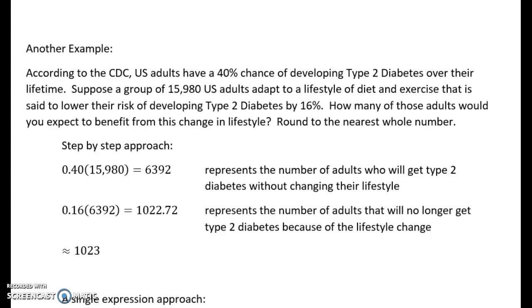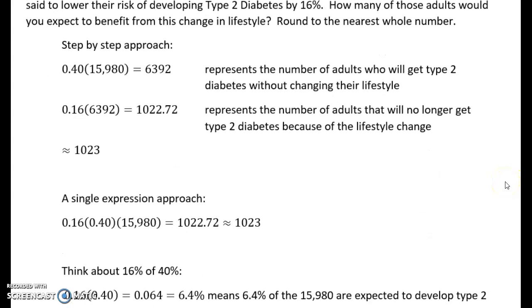So just another way to think about that same question by thinking of it as one expression as opposed to two steps. Here we did two multiplications, right? We multiplied by 40% or 0.40, and then we took that answer and we multiplied it again by 16% or 0.16. So we can take those two steps and write them as one expression: 16% of 40% of the group of people, the 15,980.